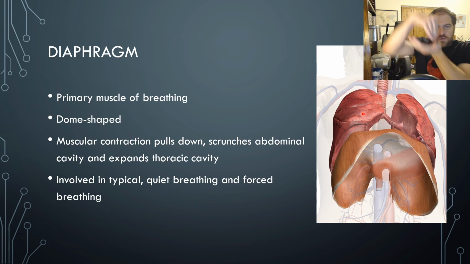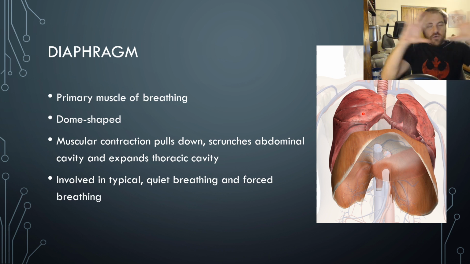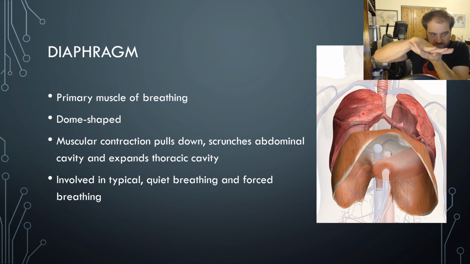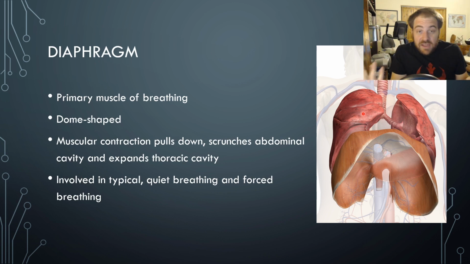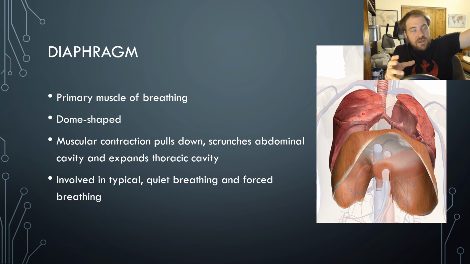So then when your diaphragm contracts and flattens, it makes more space inside your thoracic cavity because it's now taking up less space. There's more space inside the thoracic cavity, negative space, which creates negative pressure. So the pressure inside the thoracic cavity is less than the outside air.